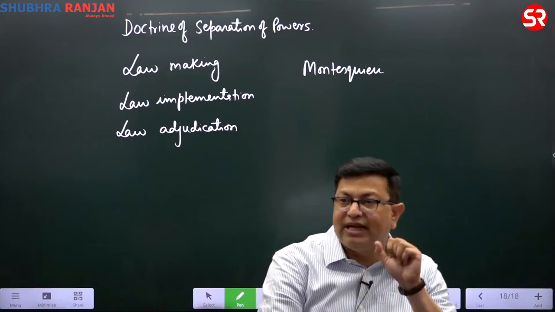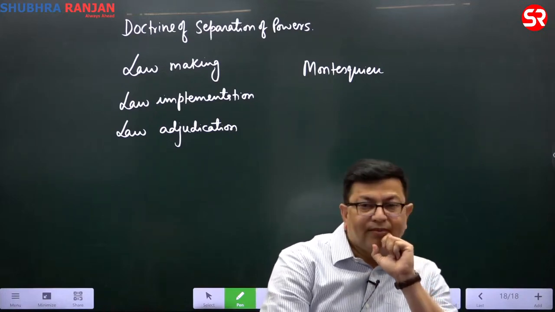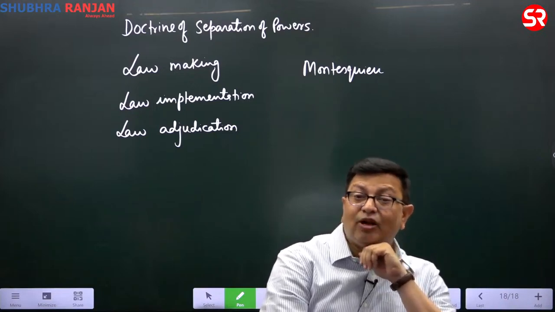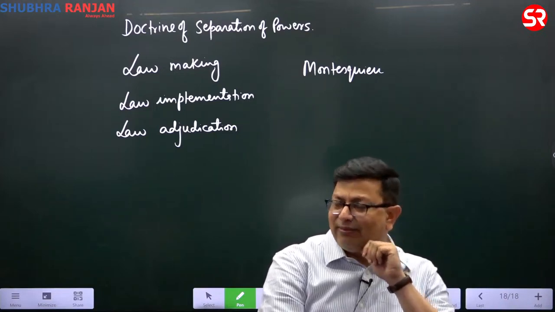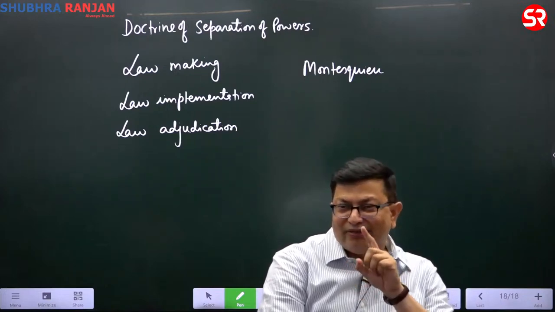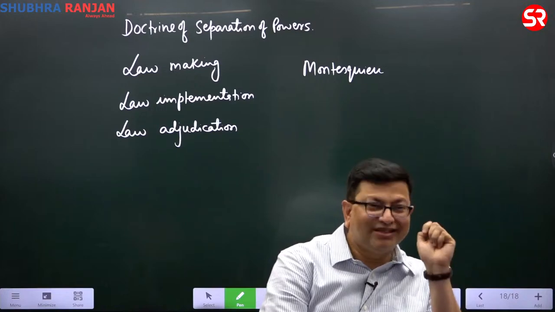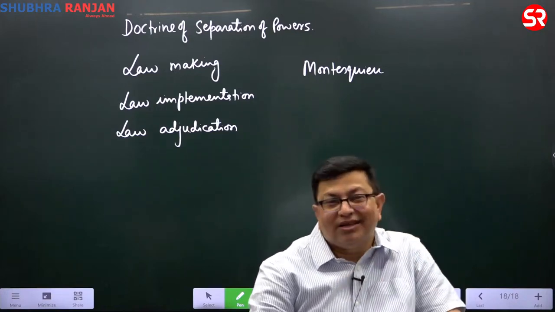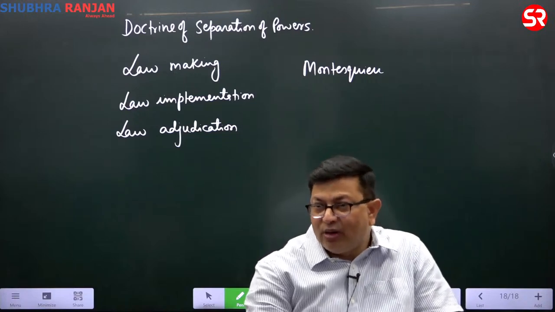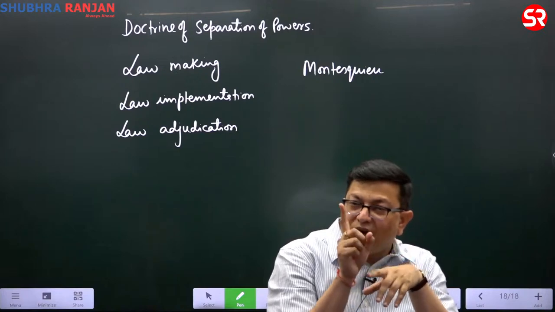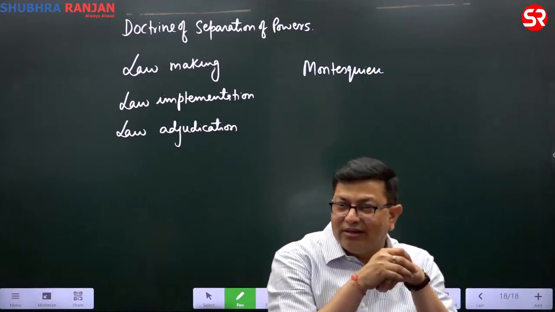Never get confused, because I have seen people arguing among themselves, no, division of powers and separation of powers are the same. No. In social sciences, there is a difference between text and context. I always tell my students that if you are a student of social science, then the context will be more important.